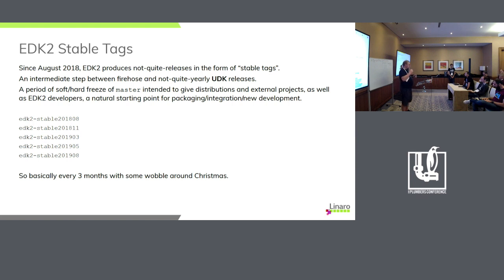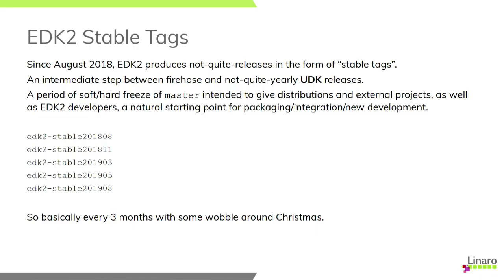So we're introducing a period of soft and hard freeze of the master branch, and then basically it's just every 3 months. If you look more closely, there's a bit of a wobble around Christmas because all us Westerners go off for a month. But that's basically it.